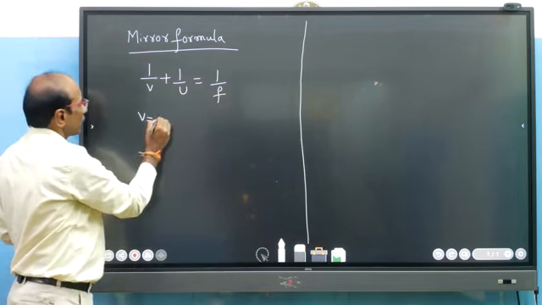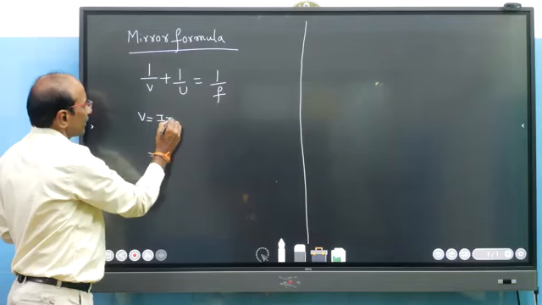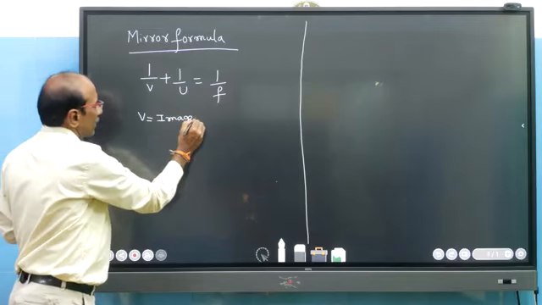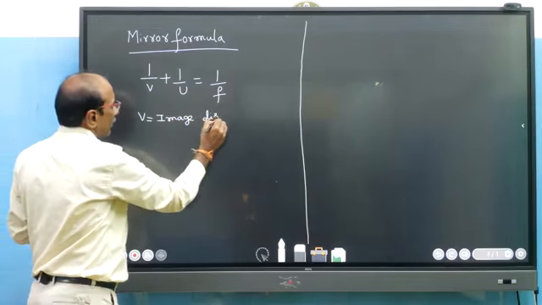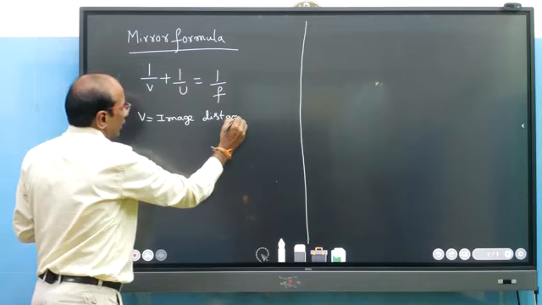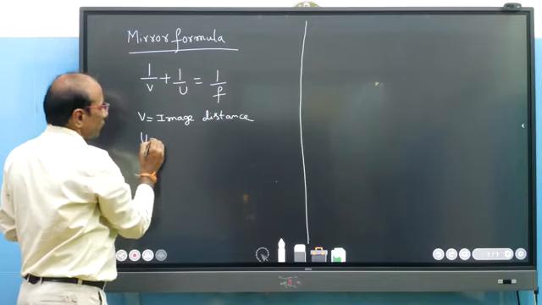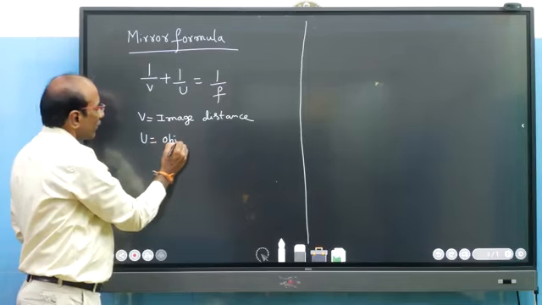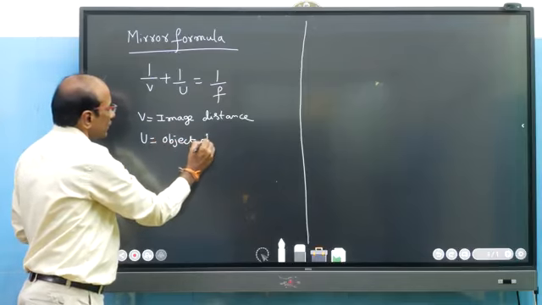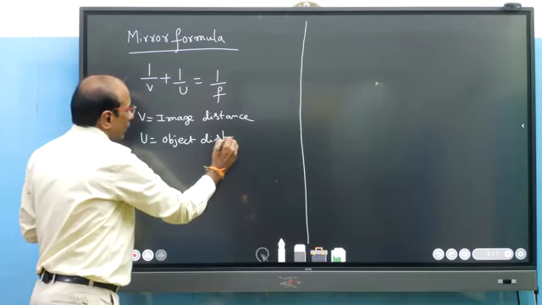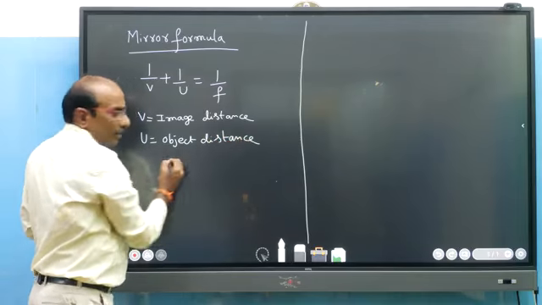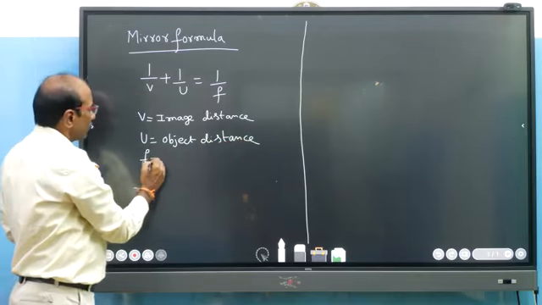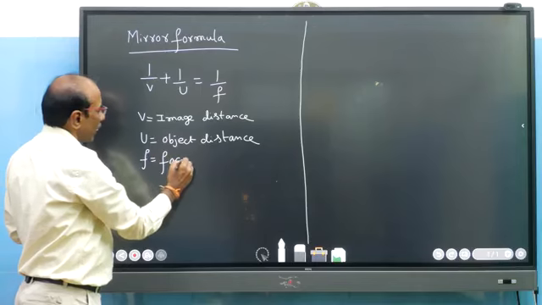Here V equals the image distance, U equals the object distance, and F equals the focal length.